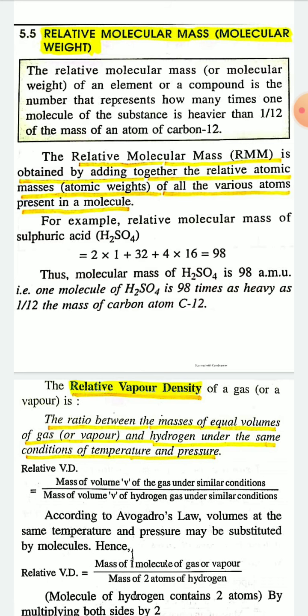This is the scientific definition of molecular weight or molecular mass. You have already studied this in class 9. Or in simple words, molecular mass means mass of one single molecule.